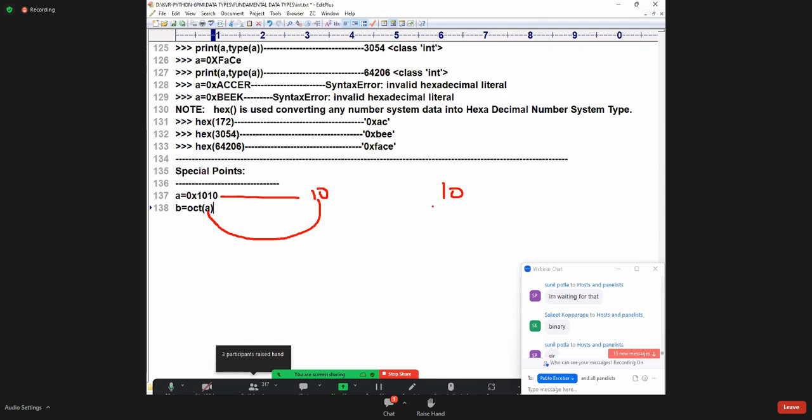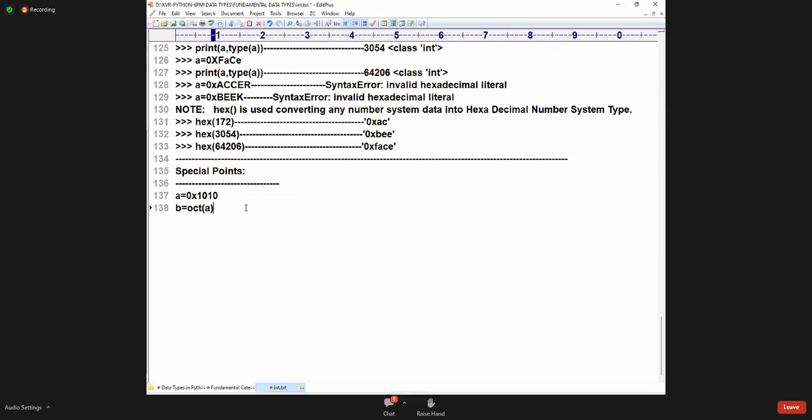Come on, convert into octal. How do you convert it? What is the conversion? Explain. 8 ones are 8, what is the answer? 2. And next is 8 zeros, what is the answer now? 1. What is the value? 12. So what is b if I print? Print of b. What is the answer printed?